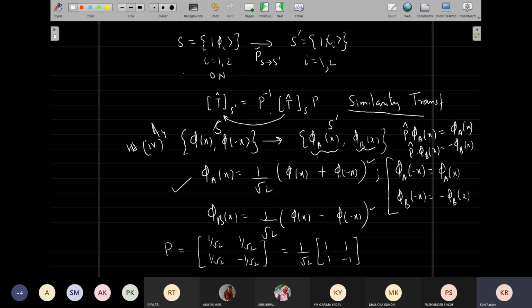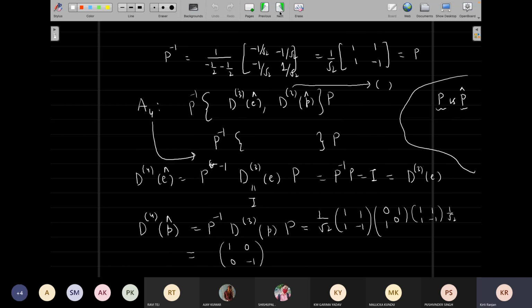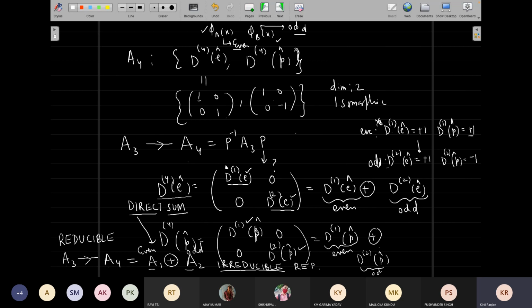They are the even and the odd wave functions. So when we diagonalize a matrix, we always reach the point where the functions I must have given you to begin with should be the eigenfunctions of both operator E and operator P. Only then will the structure become diagonal. Good point.